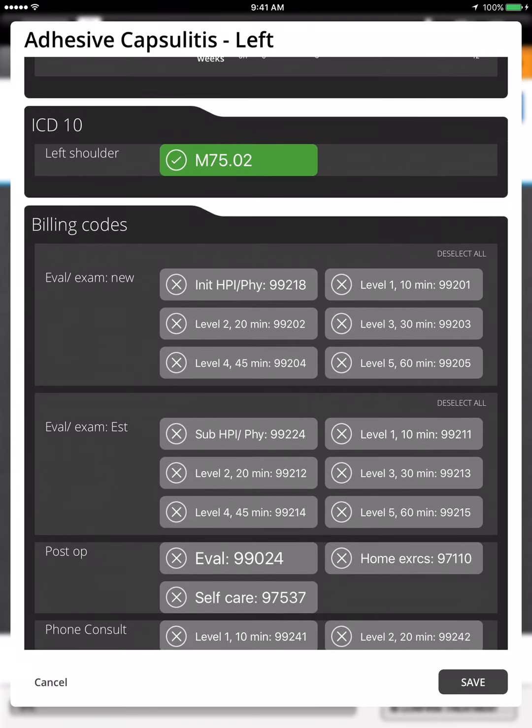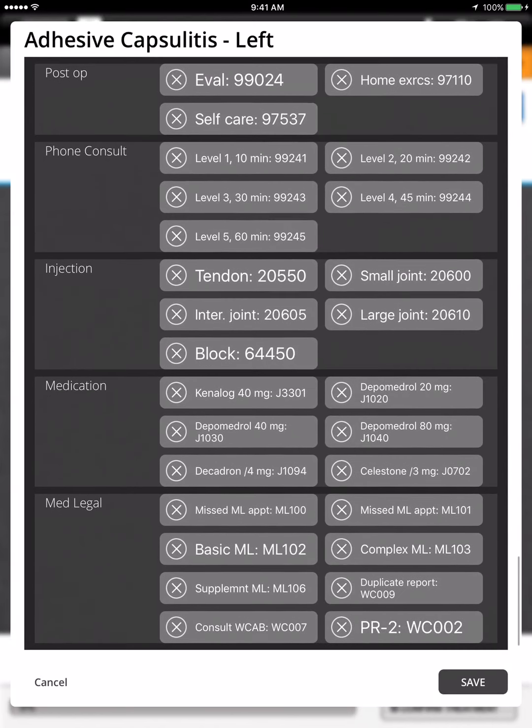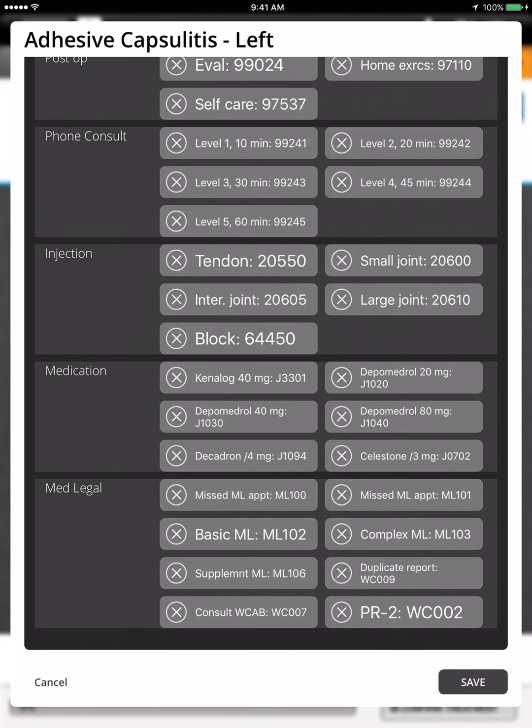Finally, the billing code, since this was an established patient, had a level 2 exam, and an injection was going to be undertaken before the patient left, and Depomedrol would be selected. The results of this exam are now saved.